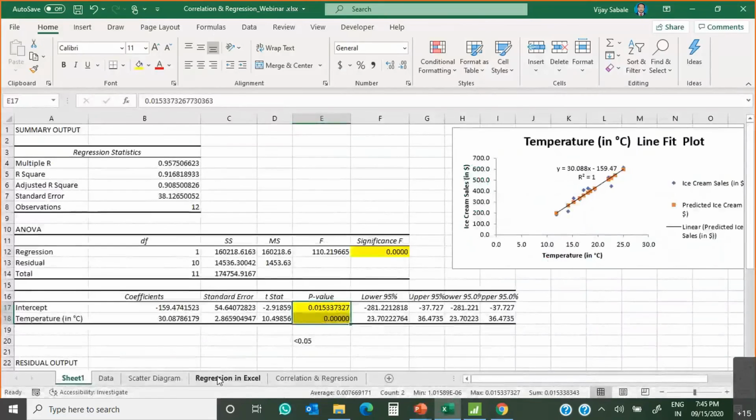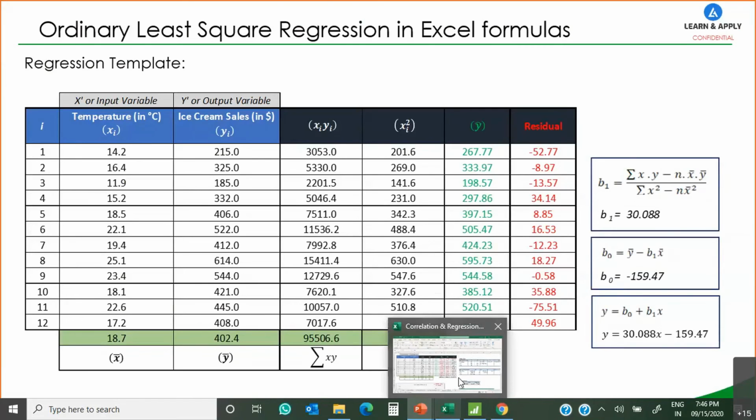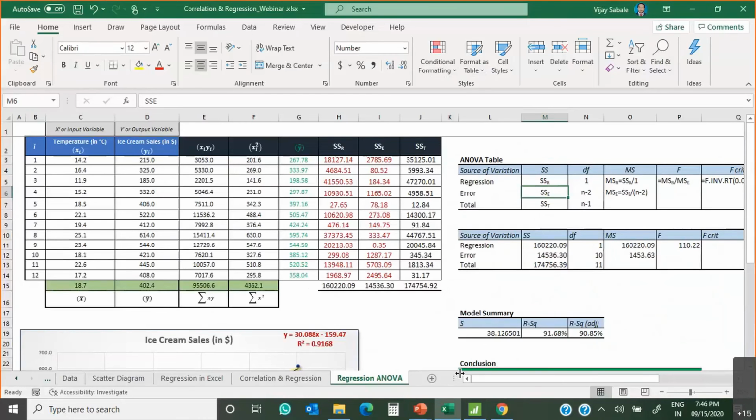SS and MS, and DF. What is the significance of these three outputs in the ANOVA table? This one? Yes, DF and MS.